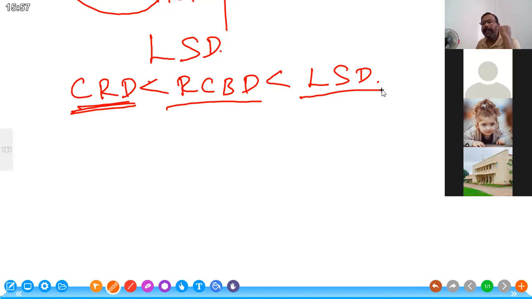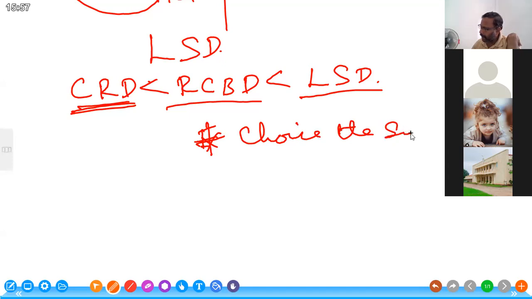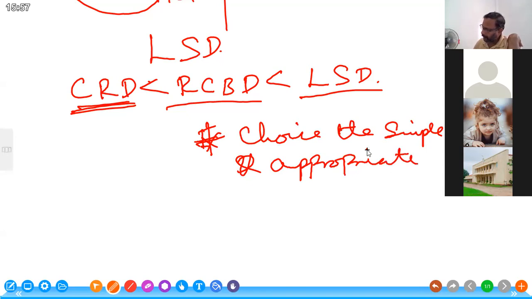even for your final year research, you'll have to choose the simple and appropriate experimental design.